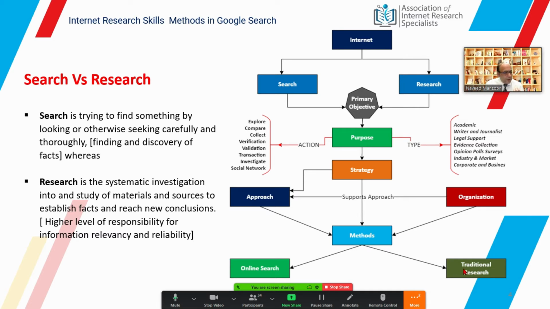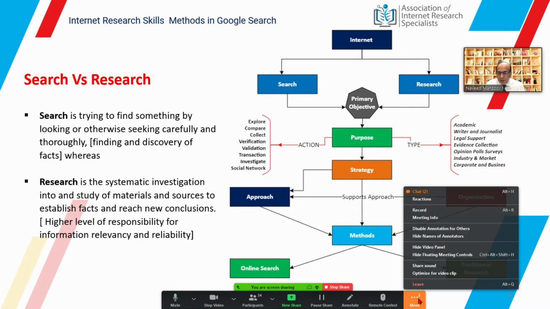If it is a human recruitment that you have to do, then we are talking about so many layers in traditional research. And for us to understand the methods or different approaches or methodology for doing web search, we also have to have some sort of background and understanding of what is involved in traditional search.